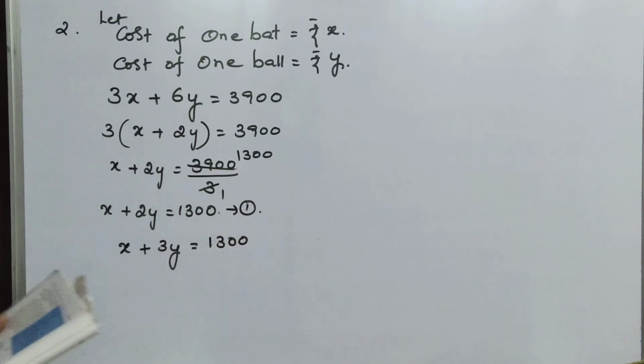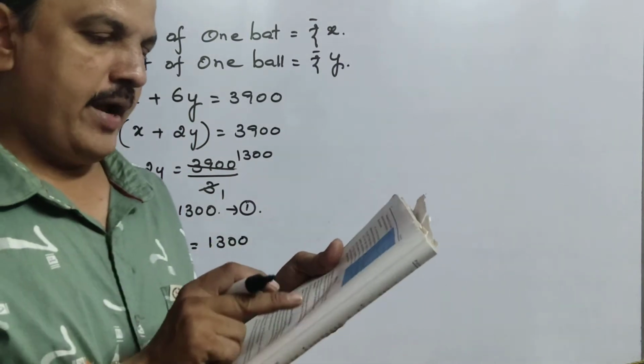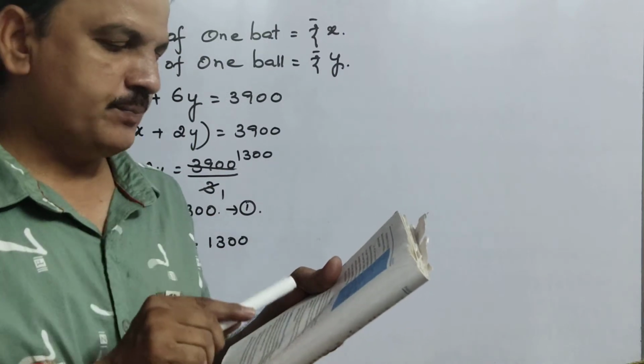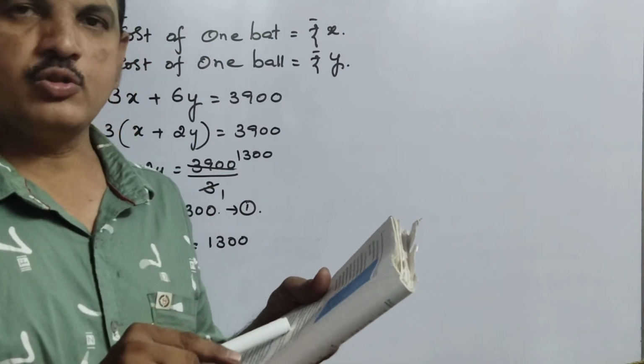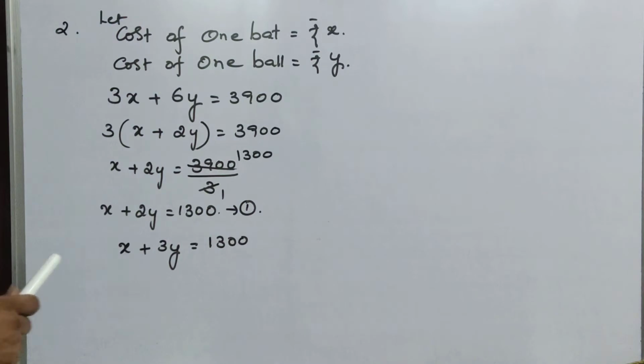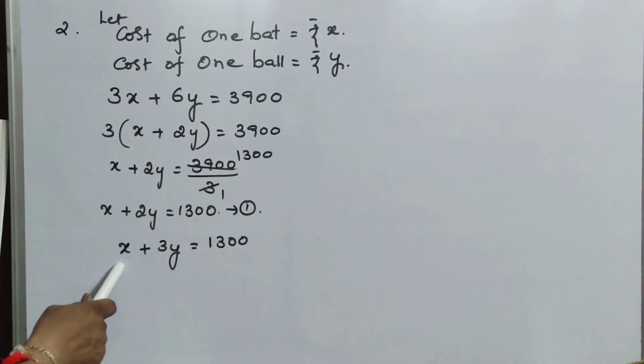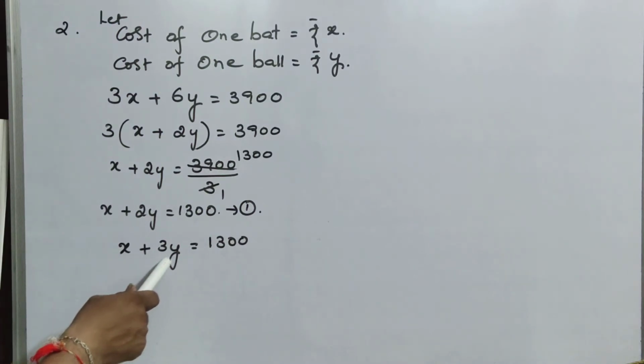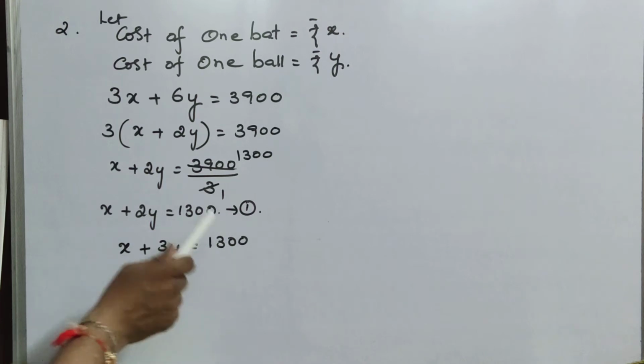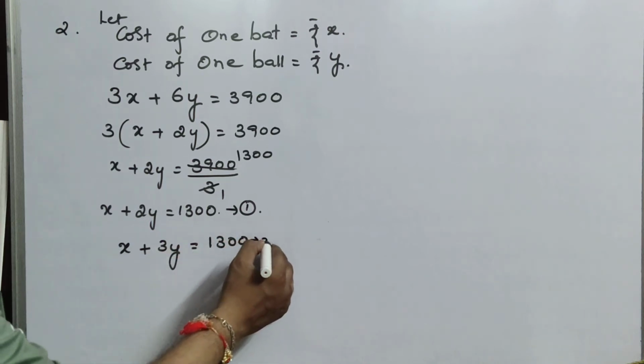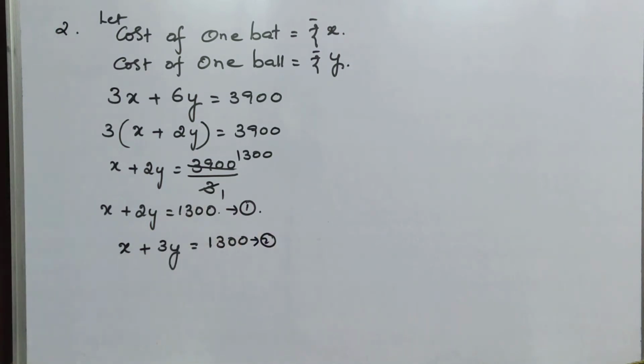If you see the question, you will understand very carefully. Another bat means only one bat and 3 balls, so total together 1,300. So this is the second equation, because there is no simplification in this.